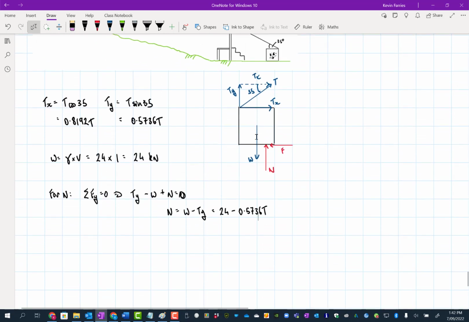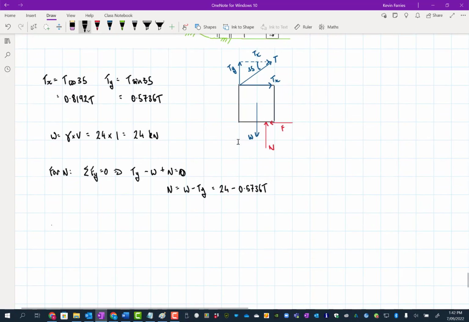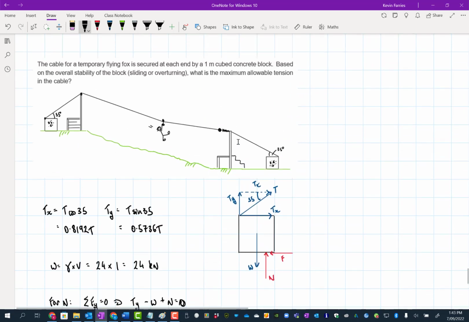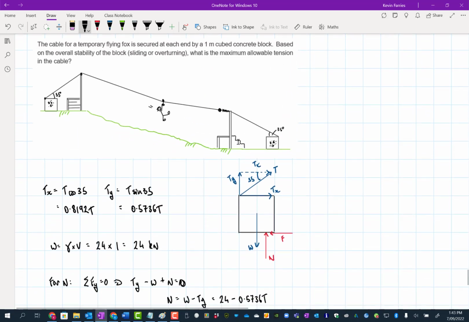Okay, now for sliding, at the limit for sliding, F is going to become Fs, which is going to be equal to the friction coefficient times N. I think I did give the friction coefficient this time. No, I did in the real question.